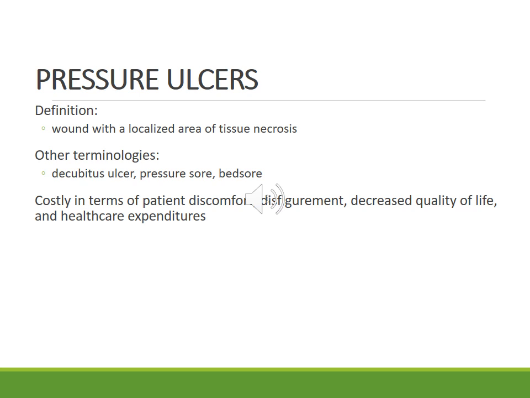It's definitely a decrease in quality of life for a patient who has one of these, and the healthcare expenditures or cost to the healthcare system if a patient develops a pressure ulcer. So we want to try to prevent these. On the next few slides, we're going to talk about factors in pressure ulcer development, and we're also going to talk about some of the risks for pressure ulcer development.